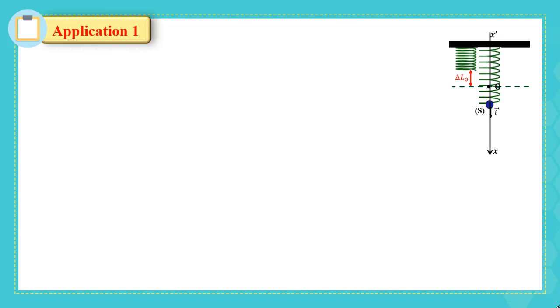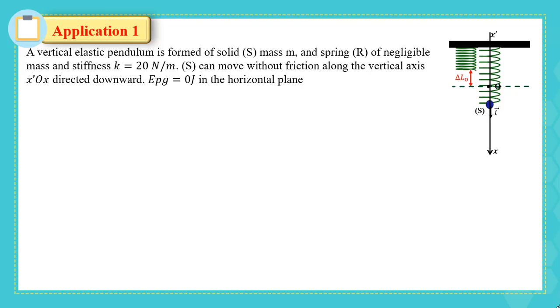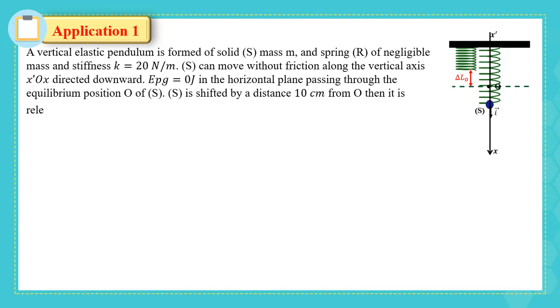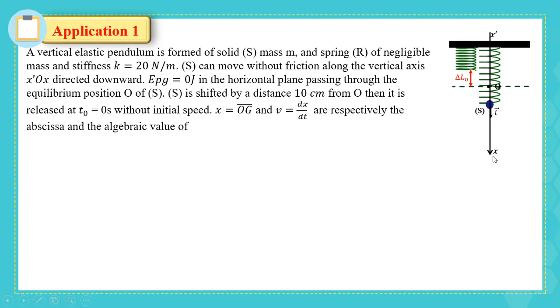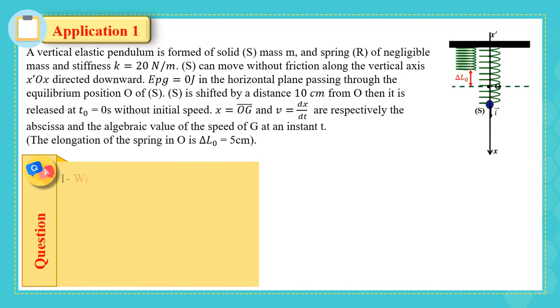We're going to solve this direct application in this video. I want you to read the question very well and try to solve it by yourselves. Here we have a vertical elastic pendulum which is shifted by 10 centimeters, and this spring has a stiffness k equal to 20 newtons per meter, where delta L0 equals 5 centimeters.